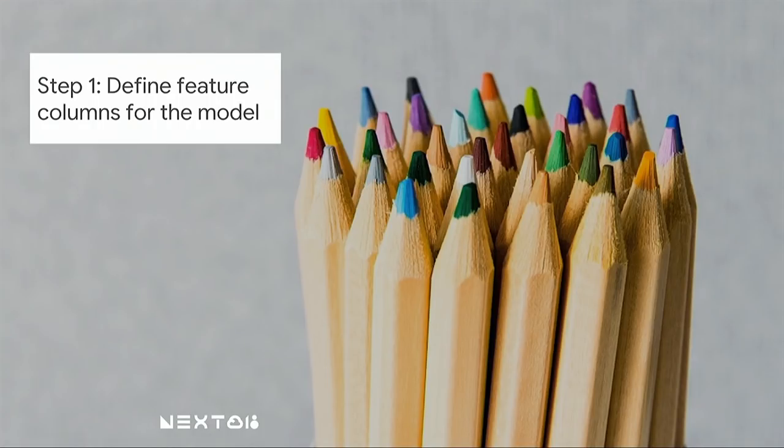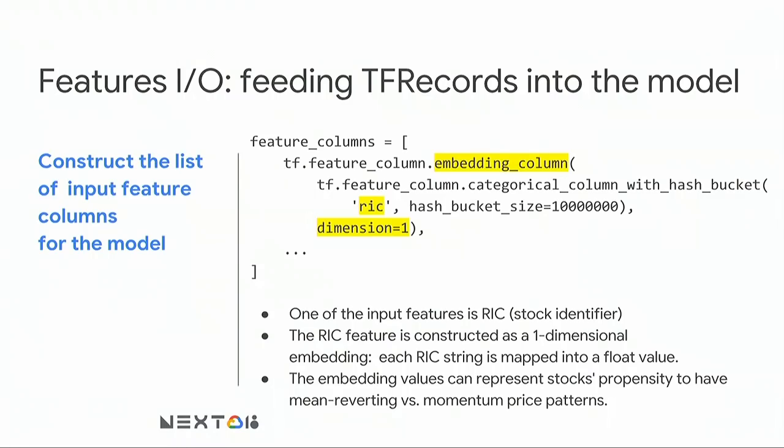OK, step 1, defining feature columns for the model. So feature columns is a list. It specifies the type of each feature. So here, for example, for the rig, we're using what's called an embedding column. We're plugging stock identifier, a string, as an embedding, which means essentially that we're mapping the string into a numeric value.